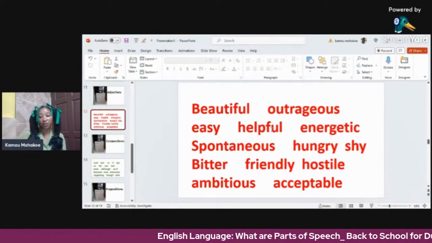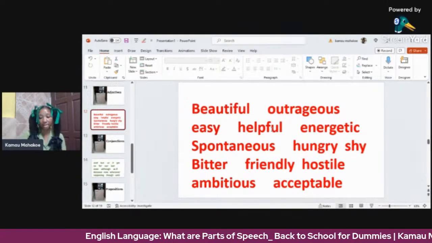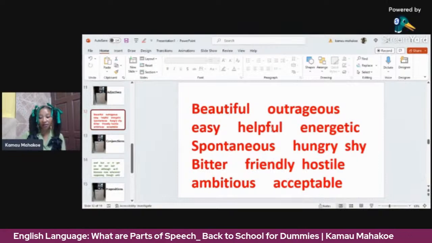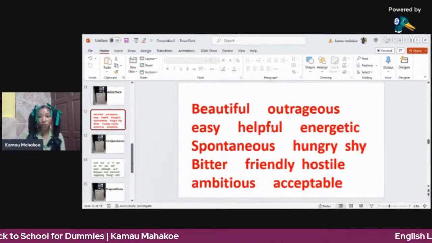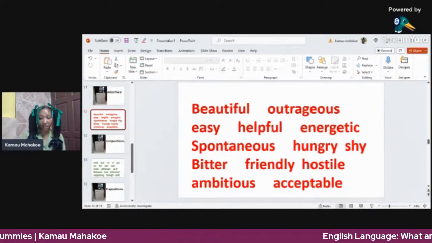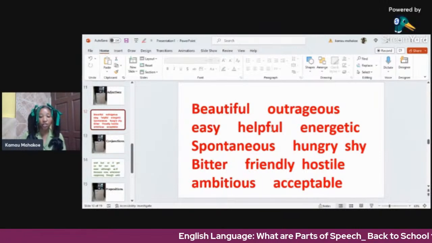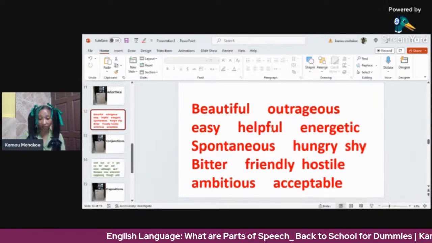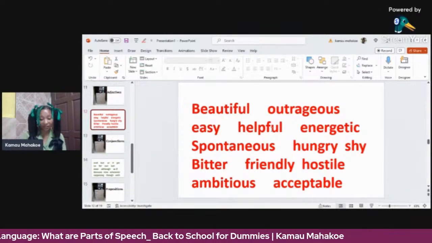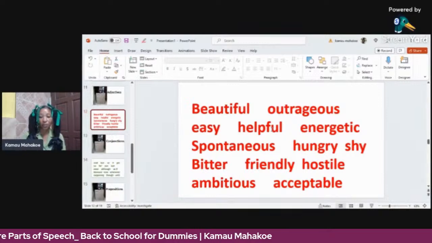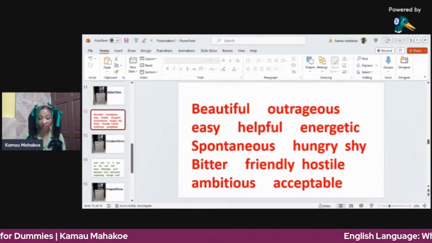And you may notice that there are words that have the root, and then you adjust the root and add a prefix or a suffix at the end to change the form of the word, right? So for example, beautiful. Beautiful is an adjective. Something is beautiful.